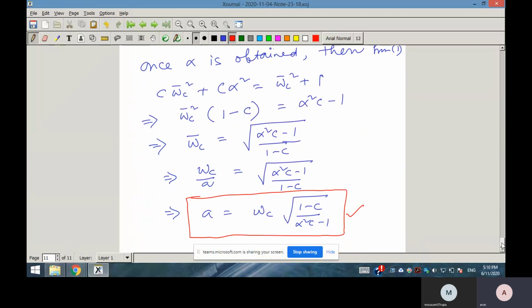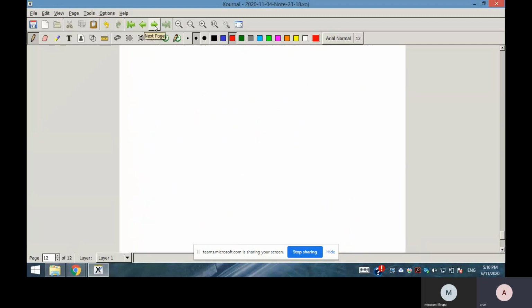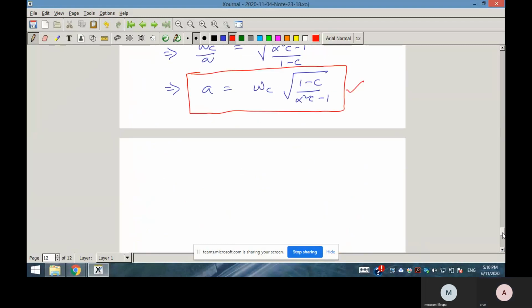As alpha beta equal to 1, beta you can directly find as 1 by alpha. Now what is your B? To find B, if alpha is known, first the lead part you have to find out, then the lag part corner frequency B you can find out.